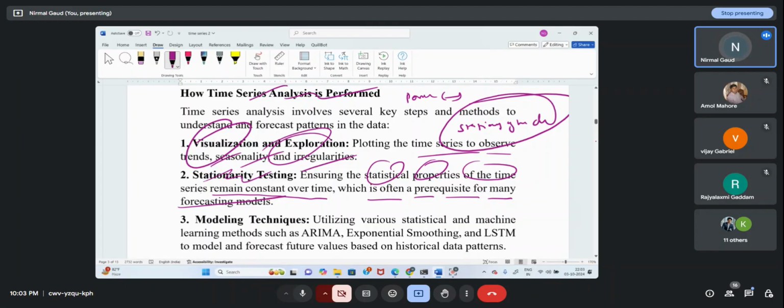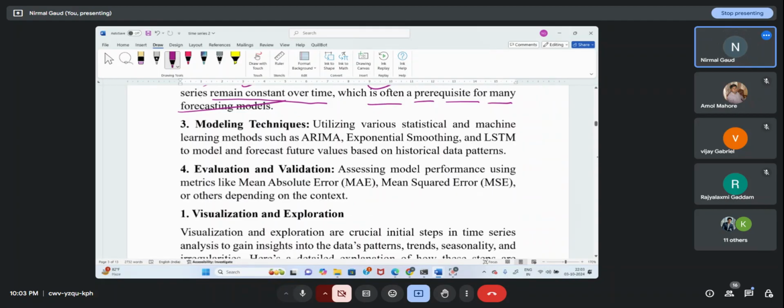For example, ARIMA, SARIMA, autoregressive models, various statistical and machine learning methods like ARIMA, exponential smoothing, LSTM, all these are time series models which we can apply. We can evaluate MAE, MSE, just what we did right now. It's not classification, it still comes under the category of regression, but it is time based.